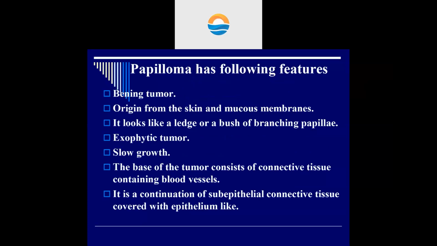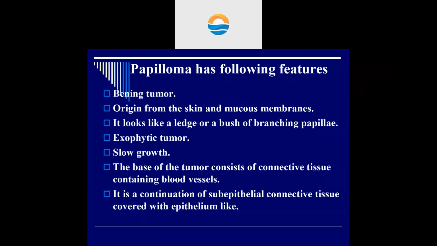It is a benign tumor. The origin is connected with skin or mucous membranes. It looks like a bush of branching papillae, an exophytic tumor, with slow growth. The base of the tumor consists of connective tissue containing blood vessels.